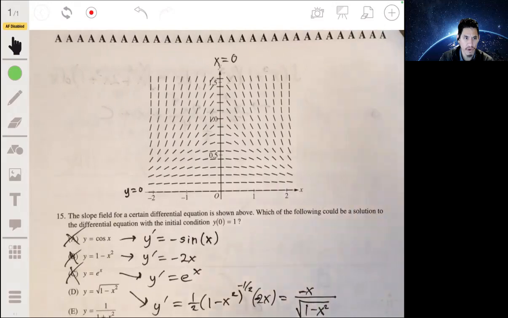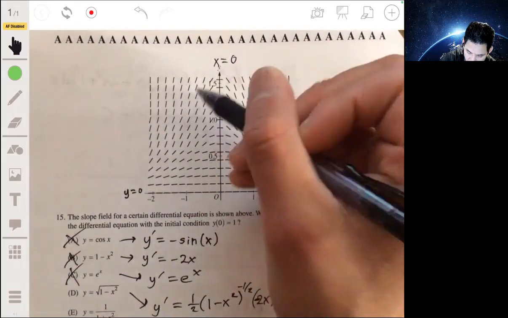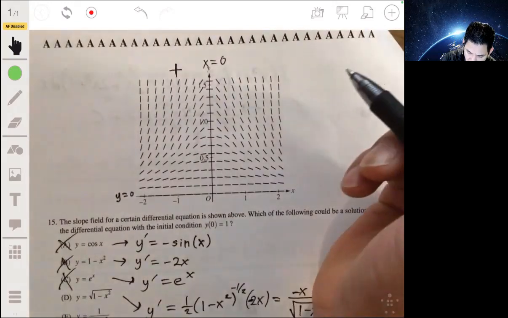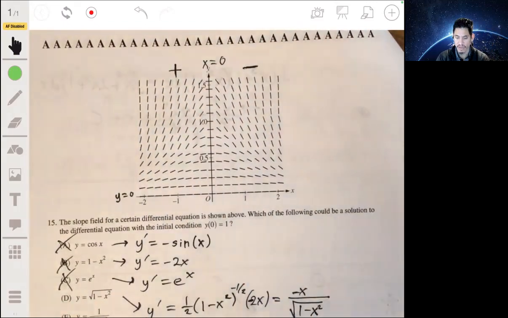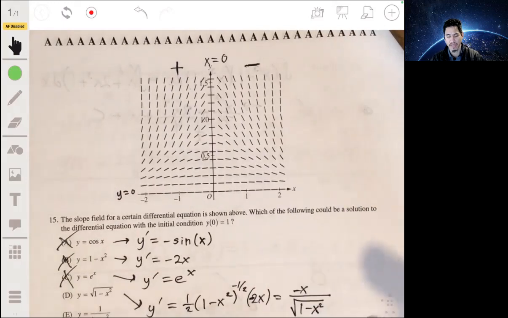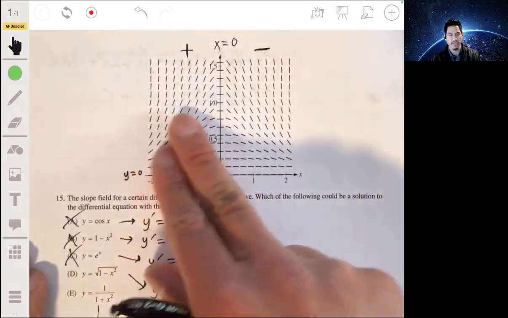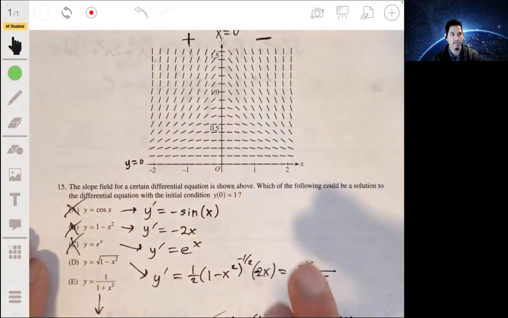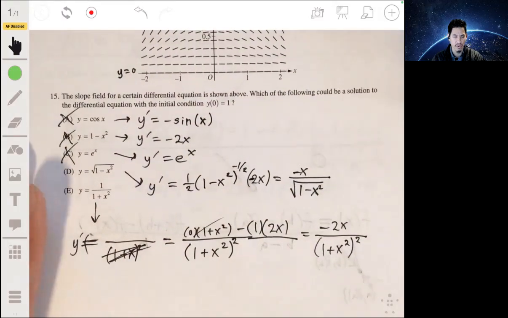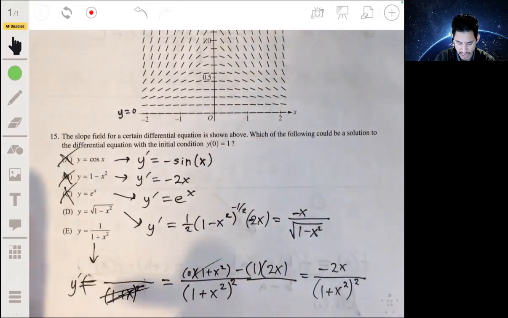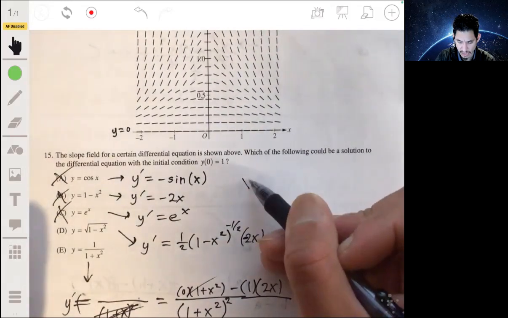But looking a little bit more, on this part of the graph the slopes are positive. On this side, it's negative. So we want to see what would make the graphs positive and negative when x is negative and when x is positive. So let's say we plug in x equals -1.